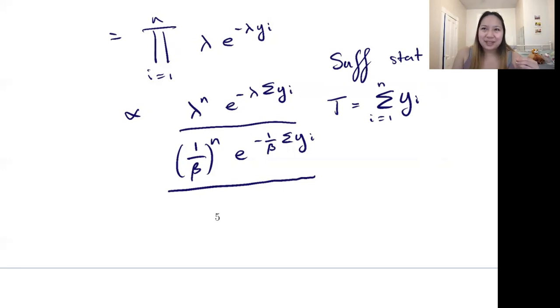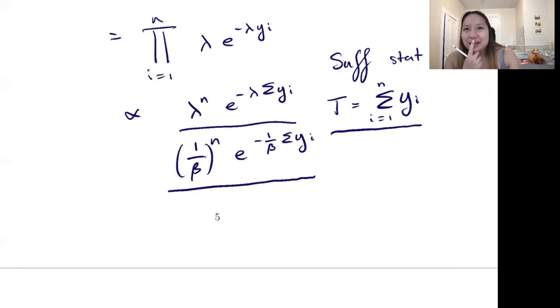One way to interpret the sufficient statistic is: what function of the data should I ask for in order to construct the likelihood function? Indeed, it's just the total of the Yi's. Let's see if there are any other gems of knowledge from the solutions. Yeah, that's kind of it.